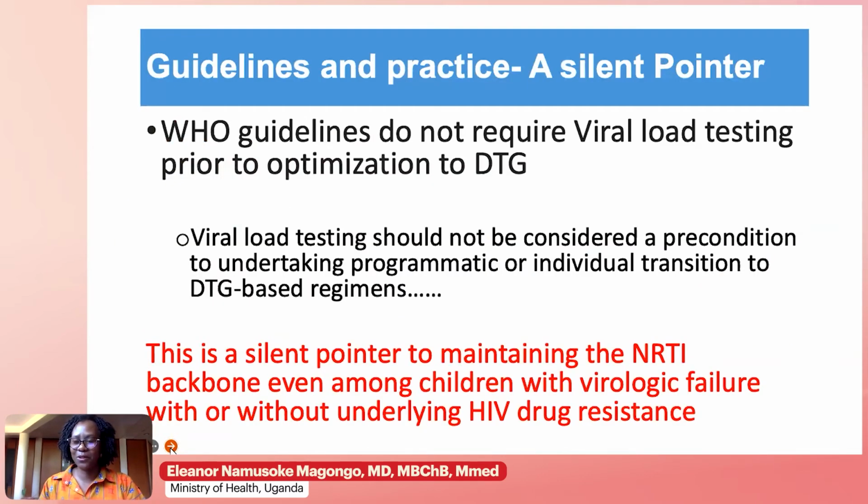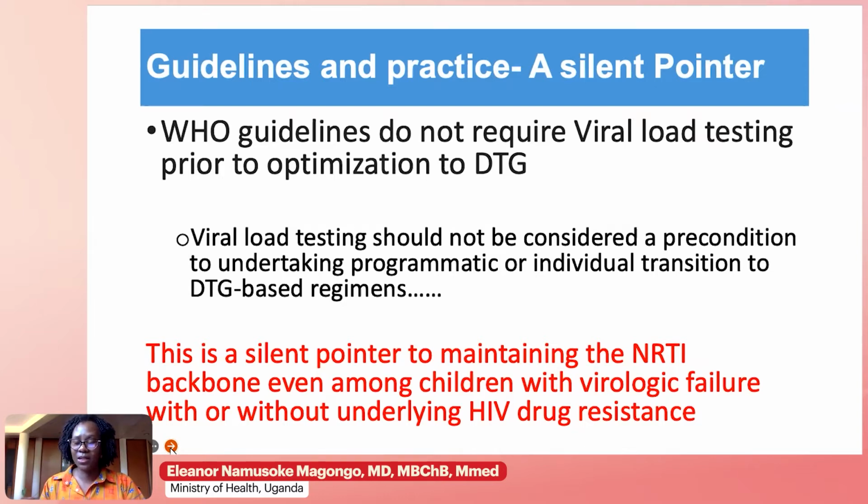Let's start with the WHO guidelines. We know that WHO recommends that we should not change. We do not require viral load testing prior to optimization to DTG. And to me, this is a silent pointer to tell us about the confidence of WHO in dolutegravir, even with underlying resistance.